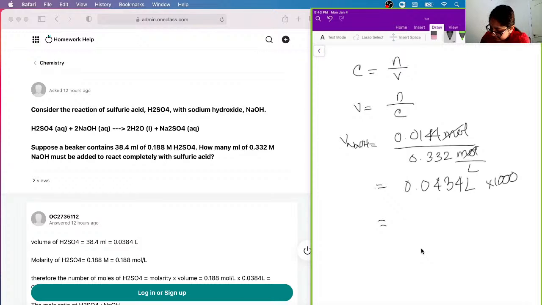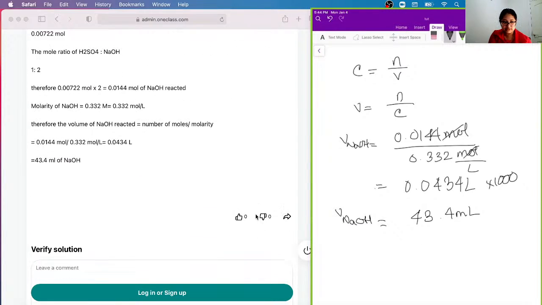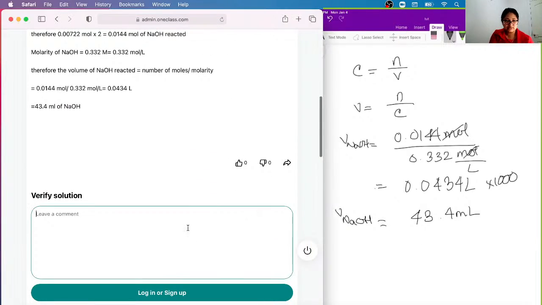You have 43.4 milliliters. Okay, so this is your volume of NaOH that needs to be added to react completely with the sulfuric acid.